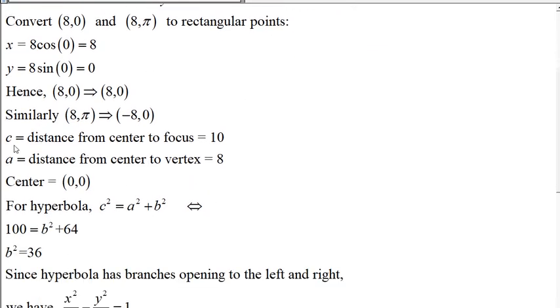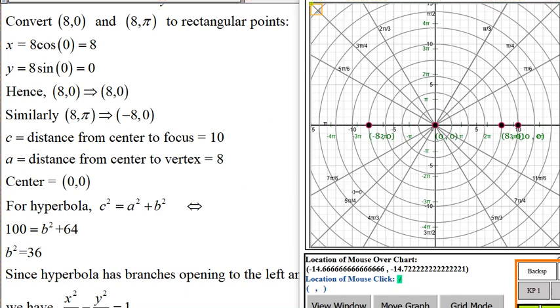Once again, let c represent the distance from the center to the focus. So here we have the focus at the point (10, 0), vertex number 1 is (8, 0), and vertex number 2 is (-8, 0).